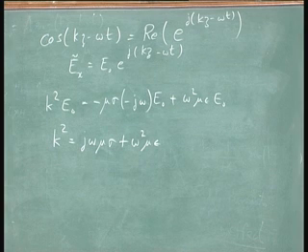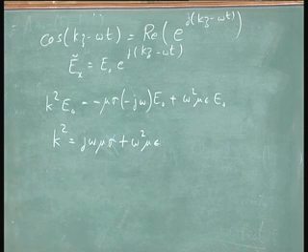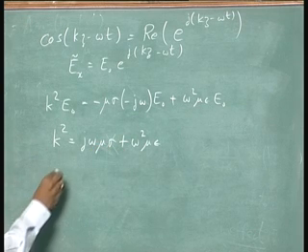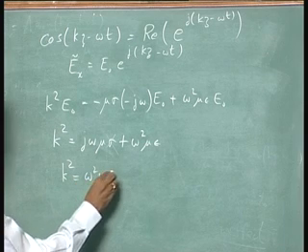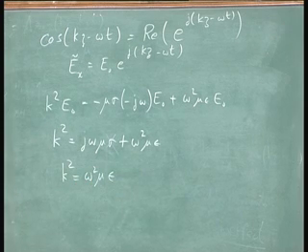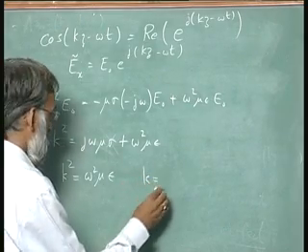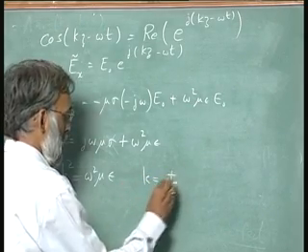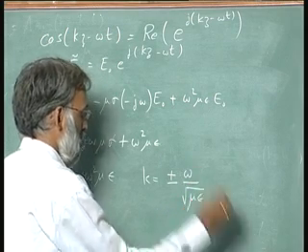Let us go back to the case where we are in vacuum, then sigma is 0. Then I get k squared is equal to omega squared mu epsilon, or k is equal to plus or minus omega over square root of mu epsilon.